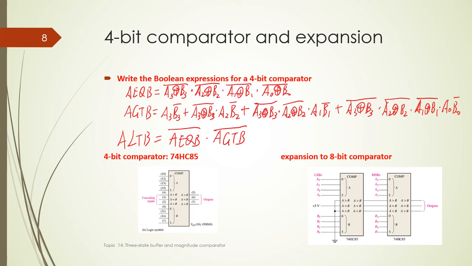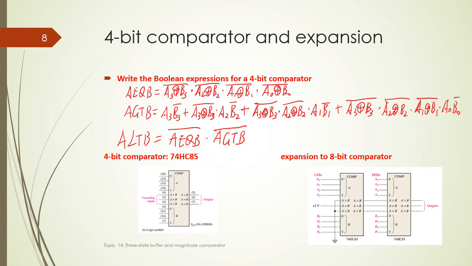If both the higher 2 bits are equal, we compare the third bit, A1 and B1. Finally, if all three bits are equal, we compare the LSB, right? And for the other output, just do this: not equal and not greater than.